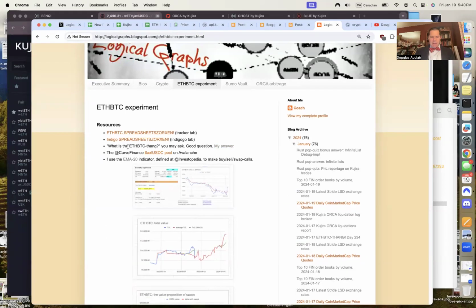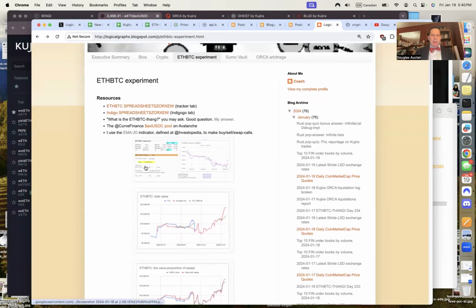I also have a FAQ around what is the ETHBEF thing with a link to an article. Curve Finance, this is when you're building off of Avalanche, so it may not apply to some of you. And then the EMA 20 indicator.